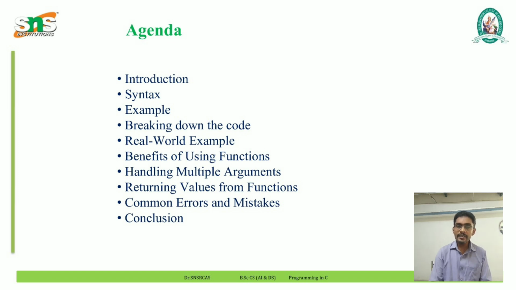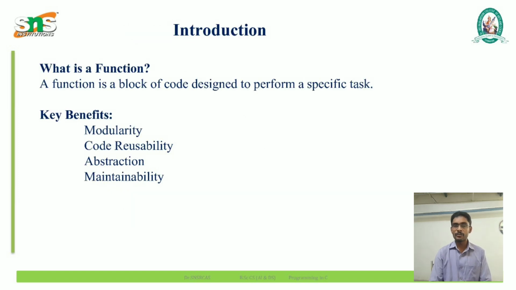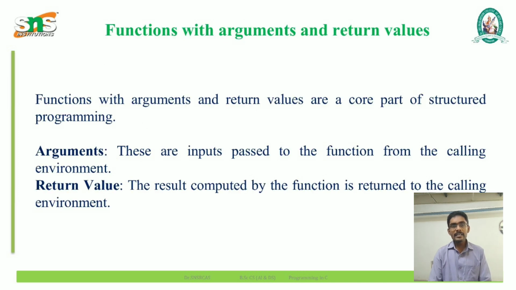Here is the basic idea about how this category of function works. A function is a block of code designed to perform a specific task. The key benefits of using user-defined functions are modularity, code reusability, abstraction and maintainability. Functions with arguments and with return value are the core part of structured programming.